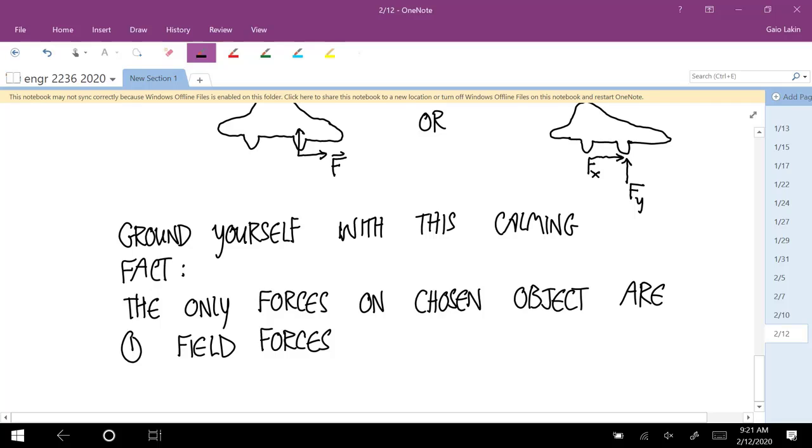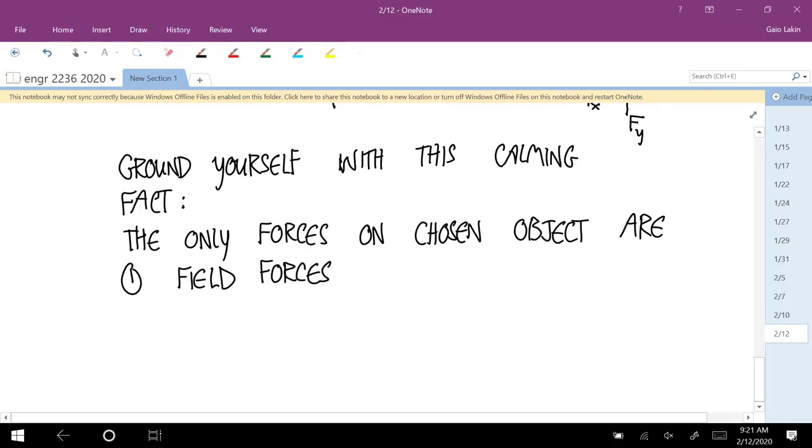That mainly just means gravity in almost every case in this class, but it also can mean magnetic fields, electric fields, if you're dealing with a field that's important in that application.